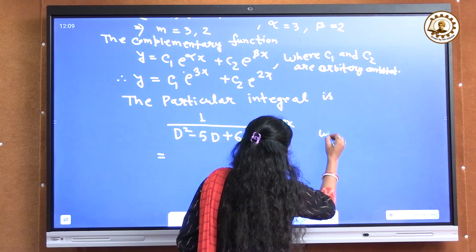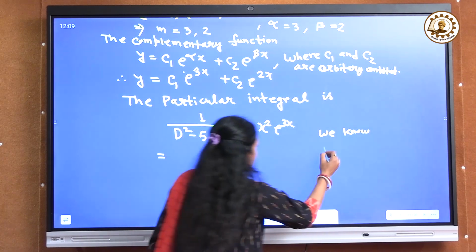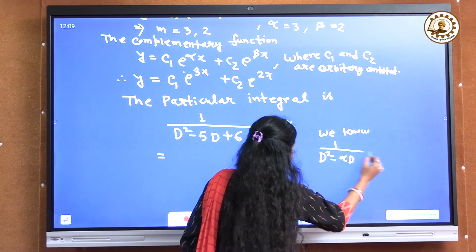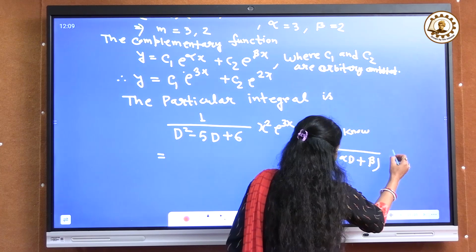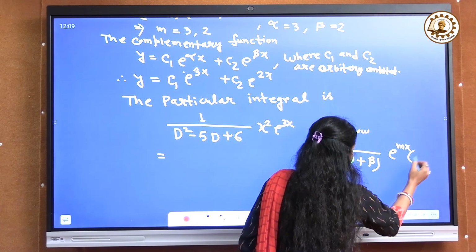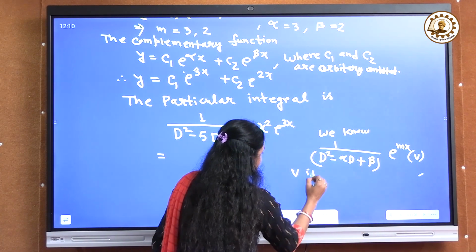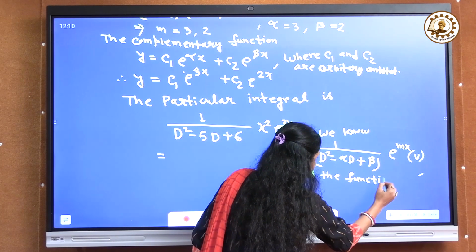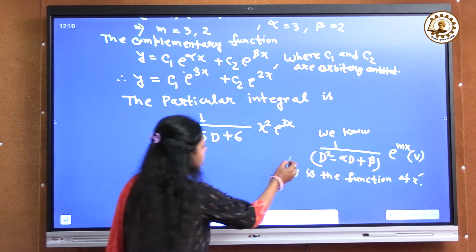We know the formula: 1 by f(D), that is 1 by (d square minus alpha d plus beta), times e to the power mx times v, where v is a function of x.